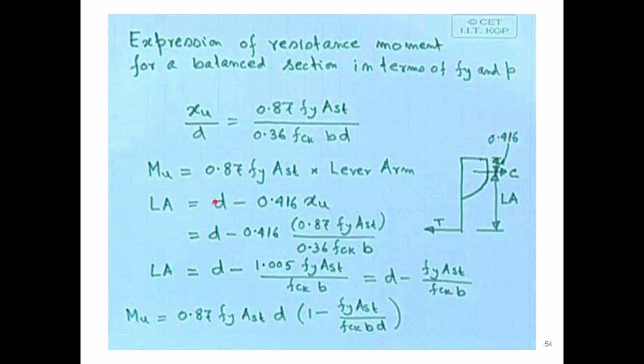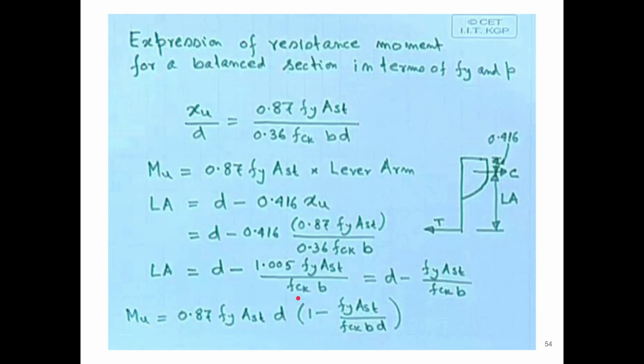So Mu is equal to 0.87 Fy AST into lever arm. We discussed that lever arm is nothing but D minus 0.416 XU. So D minus 0.416 into XU is 0.87 Fy AST by 0.36 FCK B. D is cancelled, so that becomes D minus 1.005 Fy AST by FCK B. Here 0.416 into 0.87 by 0.36 is 1.005.